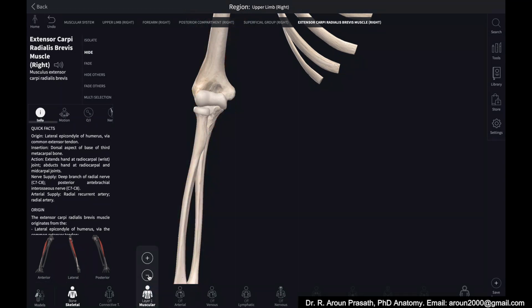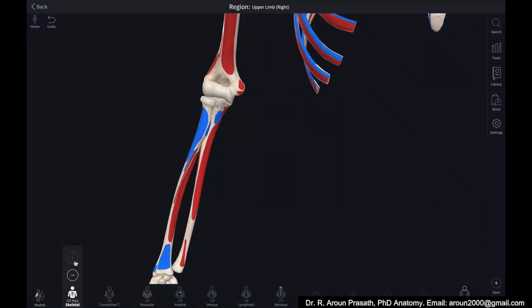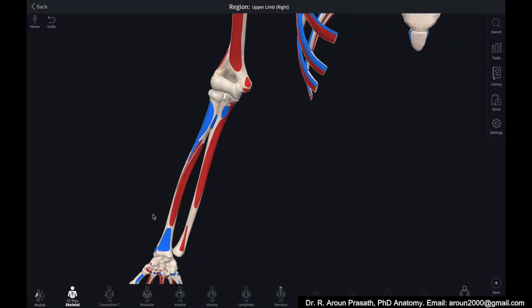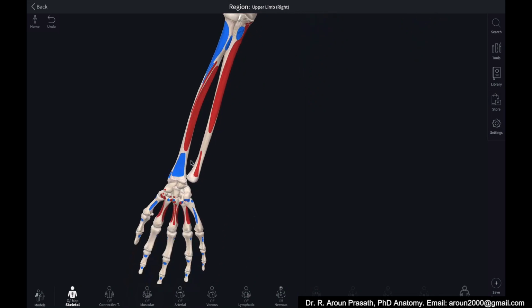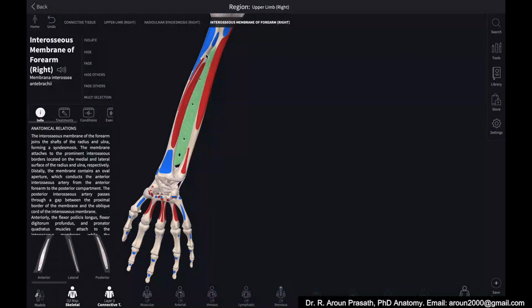But the deep muscles that are present on the forearm are originating in the radius and ulna, and they are going to the fingers. The interosseous membrane also gives place for origin of these deep group muscles.